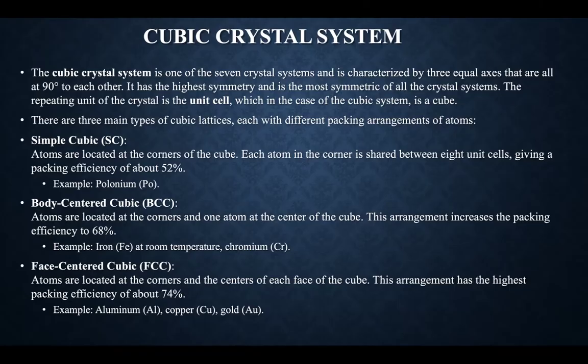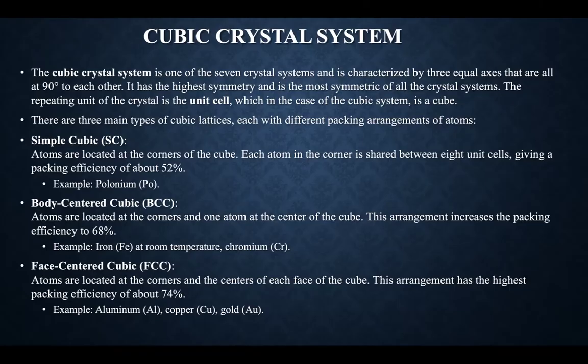First is simple cubic. In simple cubic, the atoms are located at the corners of the cube, and each corner atom is shared between 8 unit cells, giving an efficiency of about 52%. For example, polonium. In BCC, body-centered cubic, the atoms are placed at the corners, and one atom at the center of the cube.